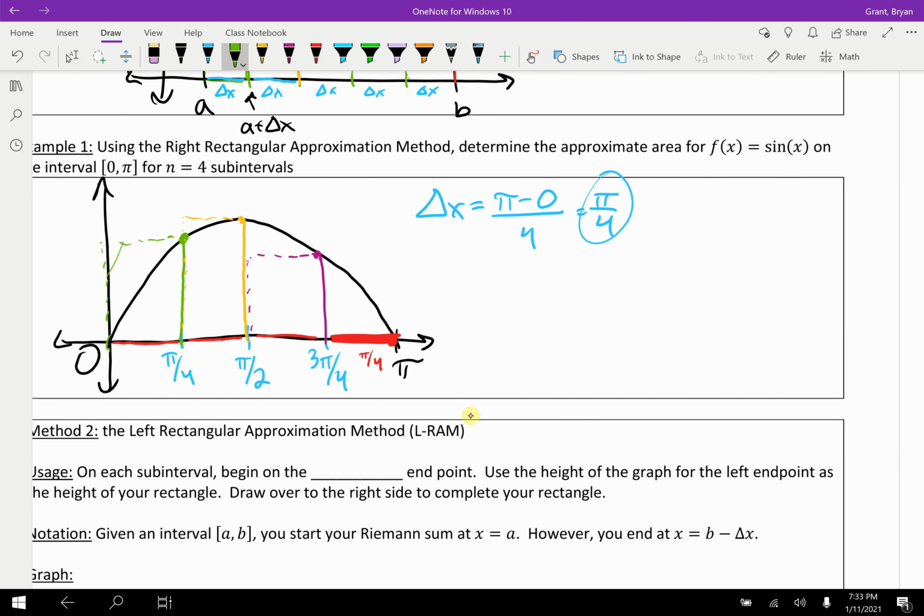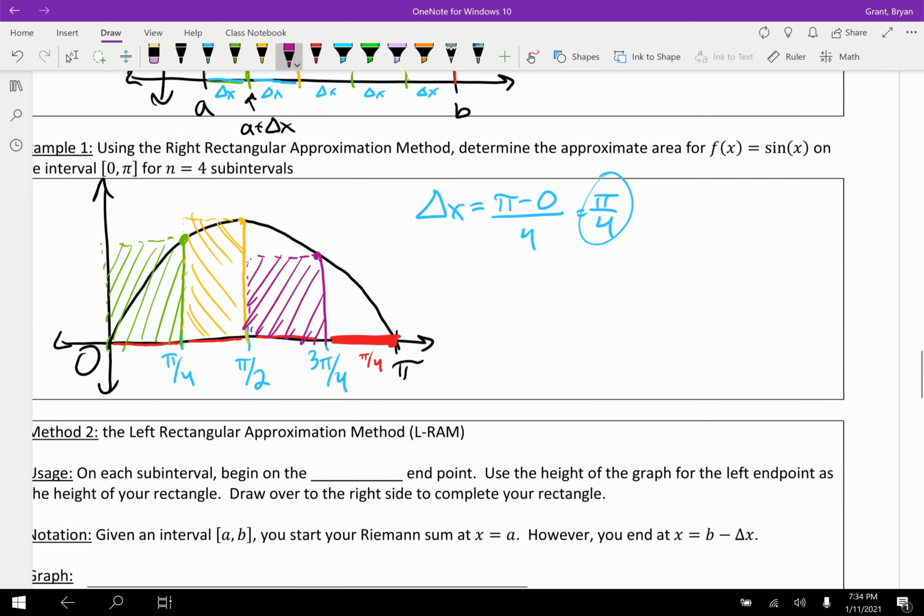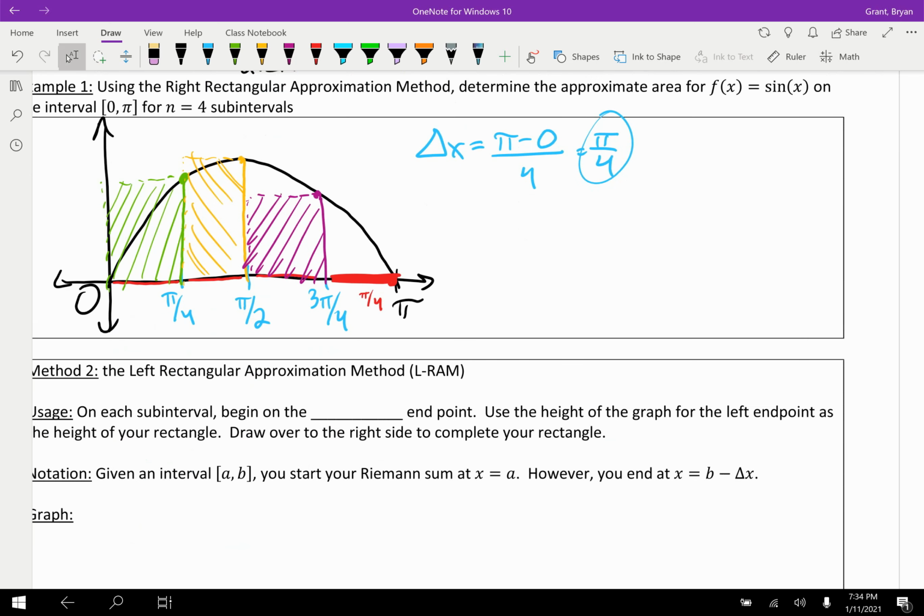We need to find the area of each of these rectangles. Okay, so to find each of these areas, we're just going to sum them up. Shouldn't be too terrible. The first one, though, I'm going to write using our confusing notation up above, and then we're going to finish it off using notation that isn't too bad. So my area is going to be approximated by using a base.